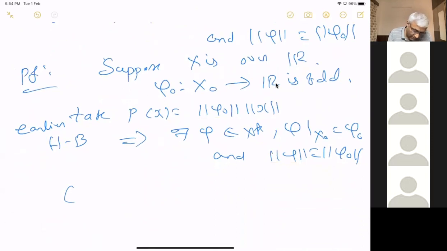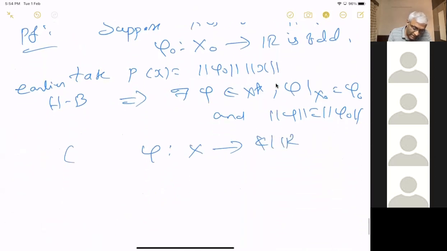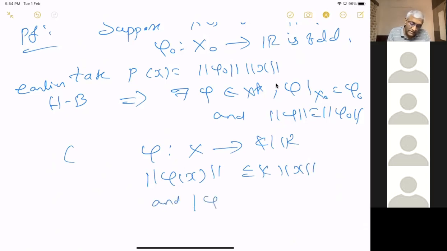this is just a remark. If we have a linear functional from here to C or R, and suppose this is true: mod phi of x is less than or equal to k times norm x, and also mod phi of x is equal to k times norm x for some x.